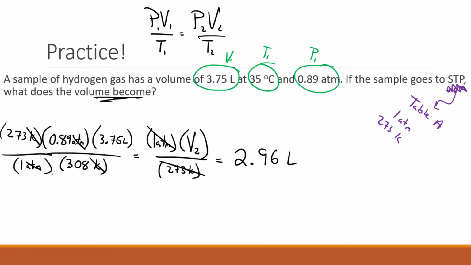Remember, if you get a long decimal, the best place to round is the hundredths place. So something that's 2.95863129334 and keeps going, cut it off, keep the hundredths place, and call it a day. So our answer, 2.96 liters, is what we are going to submit, and that's actually the right answer.